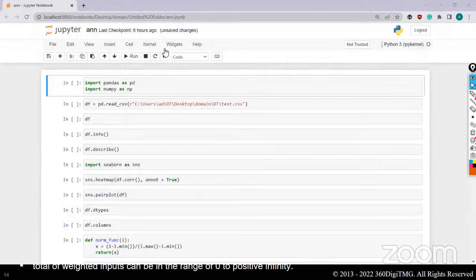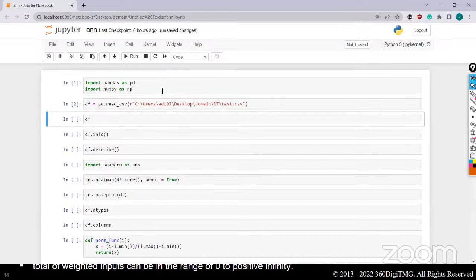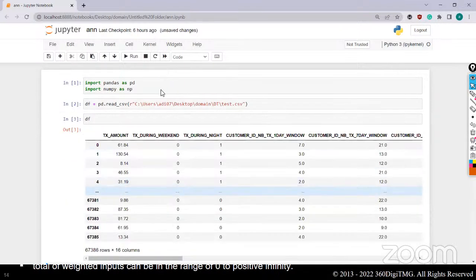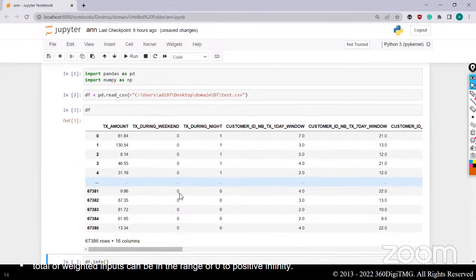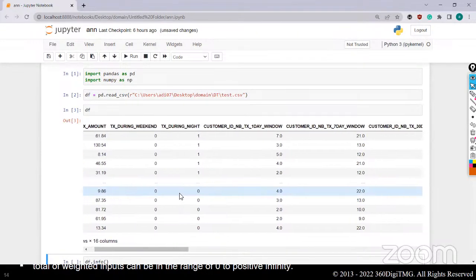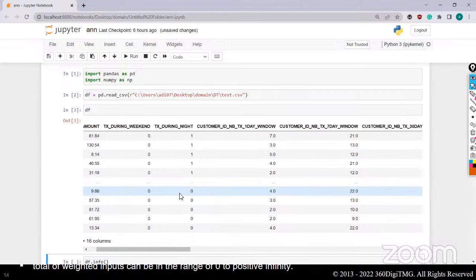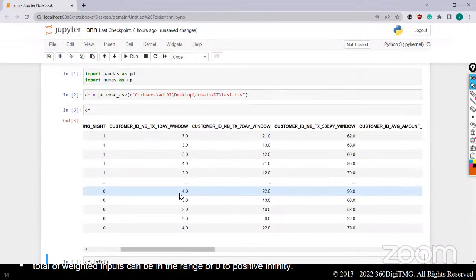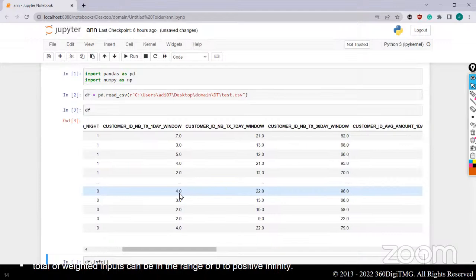All right, so we'll import the necessary libraries. We'll read our data, and this is what our data set looks like. So we are taking a look at the total amount. We are taking a look at how many transactions are done during the weekend, the night, how many transactions a person is doing to different customers over a 1-day period, 7-day period, and 30-day period.